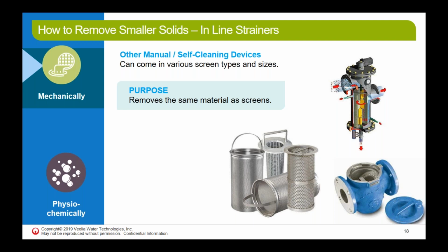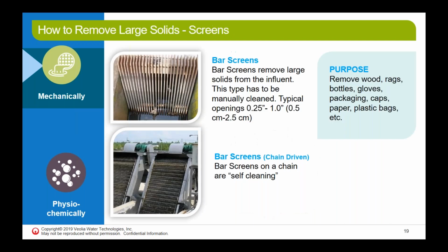Similar principles, as we can see on the other slide, could be applied in bigger settings, where we have screens, next slide please, screens that are larger in size, open flow, and could be cleaned manually without interrupting the flow, because with a basket strainer we need to isolate it and take out the basket, and when we have larger flows that becomes counterproductive.